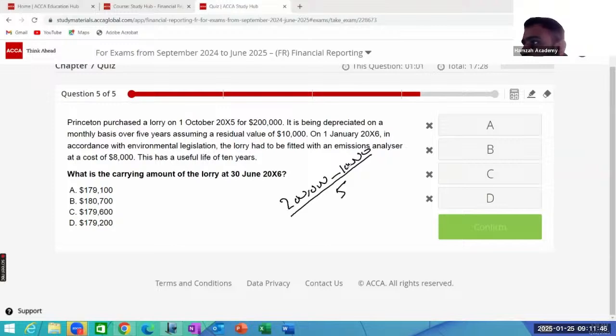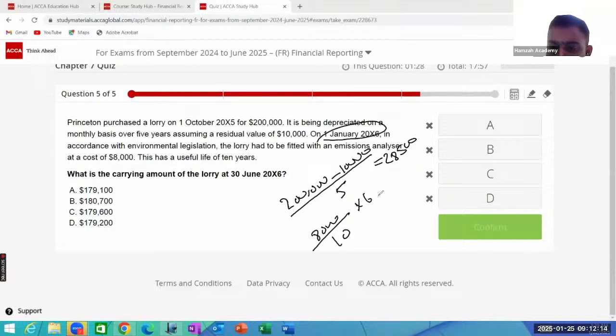So 200,000 minus residual value divided by 5. October, November, December to 30 June, so 9 months depreciation will be recorded, which is 28,500. The next component is an analyzer, which is 8,000 and useful life of 10 years. And they have installed it on 1st January. So 6 months depreciation will be charged, and that would be 400.